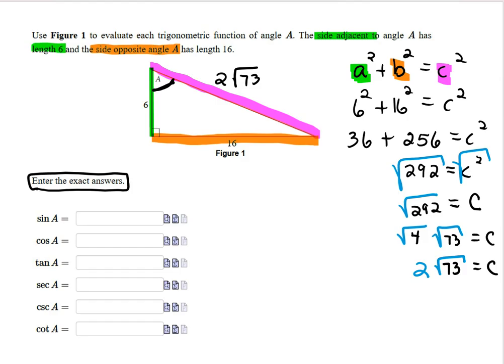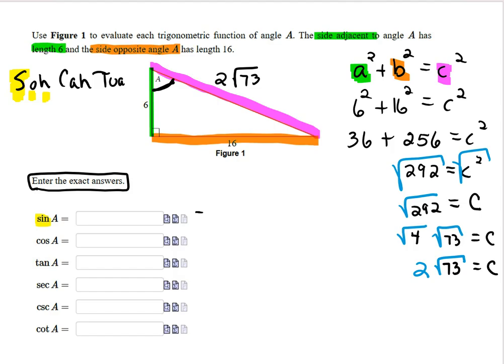And now I have to remember sine, cosine, and tangent, if you remember the old saying, SOH-CAH-TOA. When you go to do sine, S is for sine, and then it's opposite over hypotenuse.